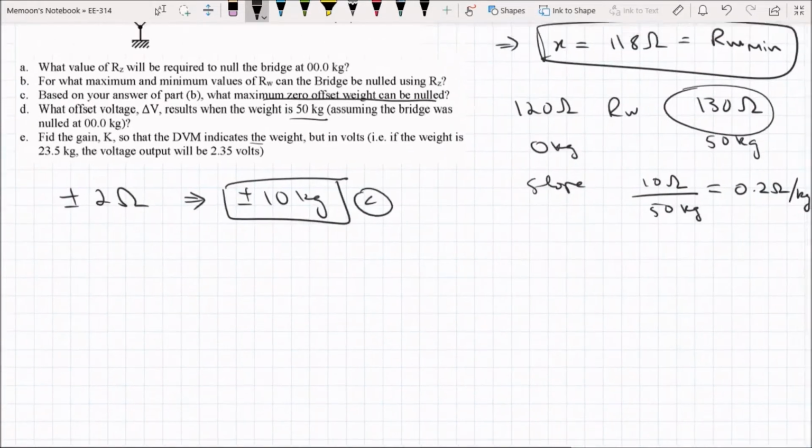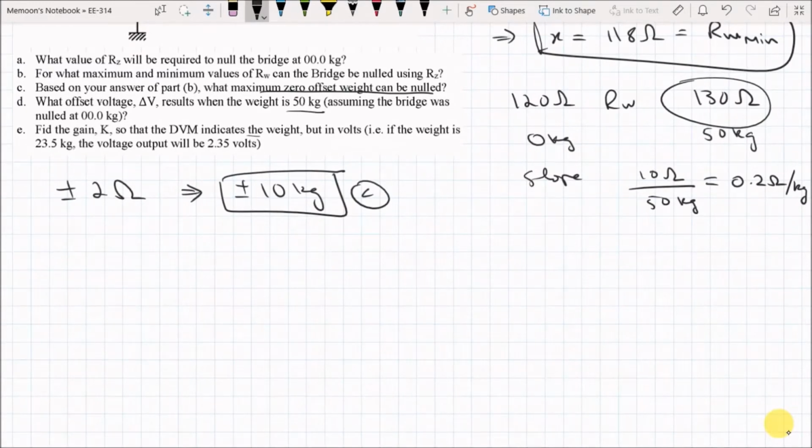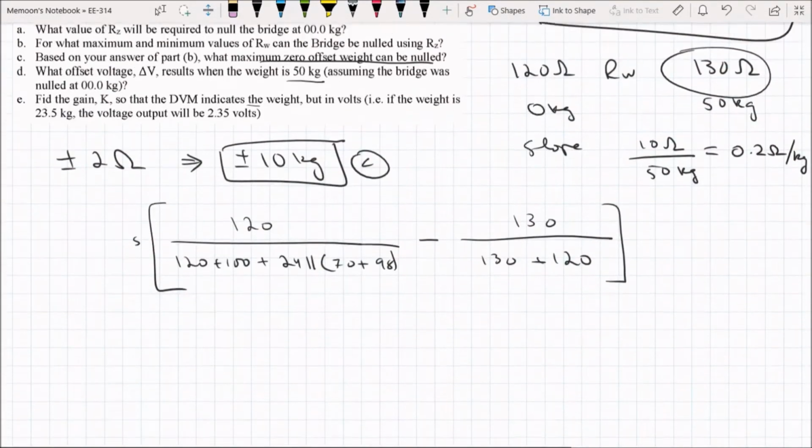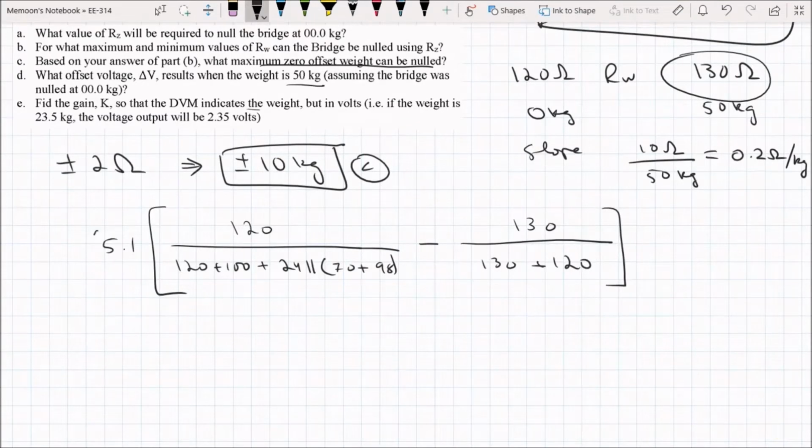So let's find out the delta V. Your equation will become Vs into 120 over 120 plus 100 plus 24 parallel to 70 plus 98 minus 130 over 130 plus 120, and this Vs was equal to 5.1 volts. So here we have 5.1 volts, and that would be equal to delta V.